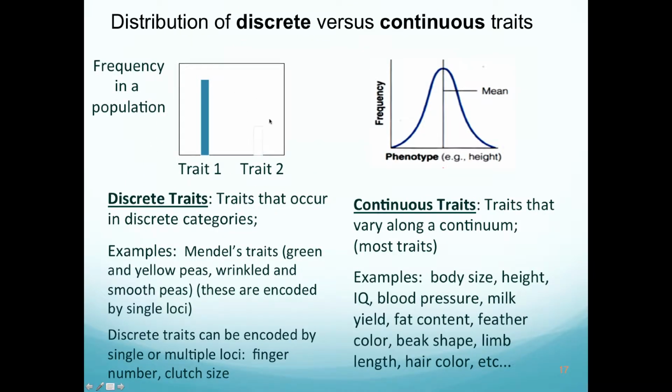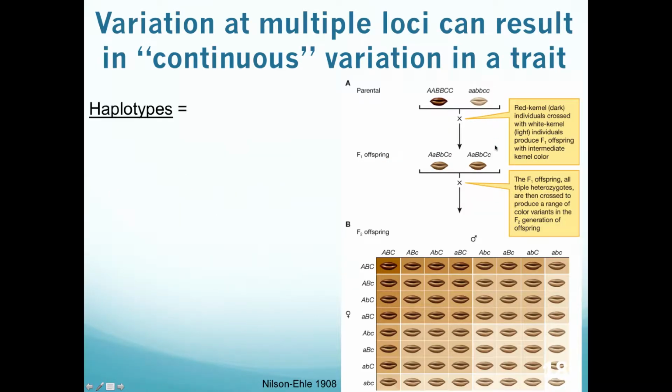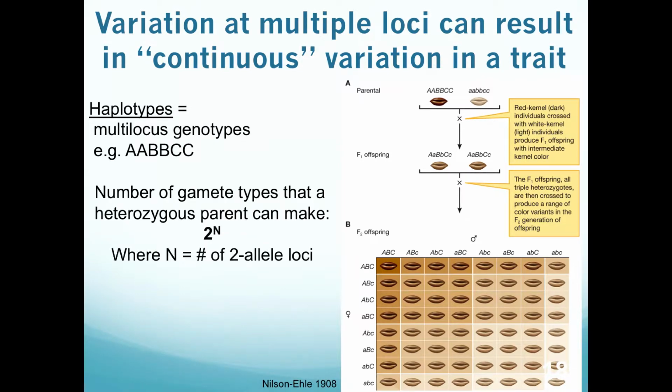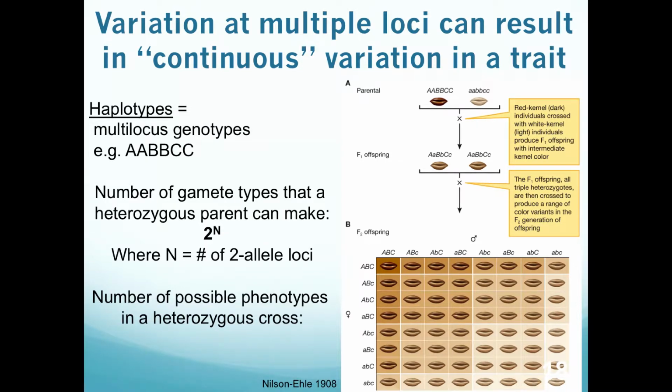So a discrete trait will just basically be one or the other, or sometimes you might have a homozygote, a heterozygote, and another homozygote. A continuous trait will be a smooth bell distribution. And as we've already discussed in previous lectures, a smooth bell distribution can be created if you have numerous genes that underlie a single trait.